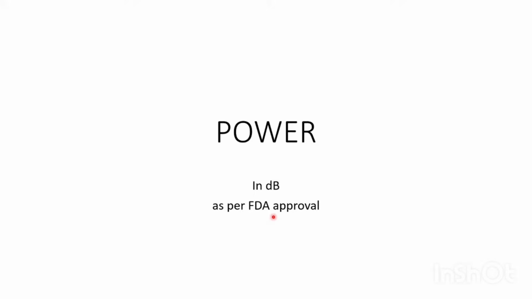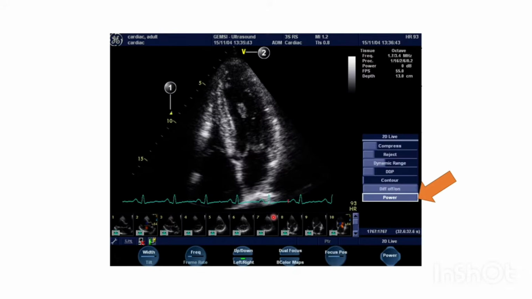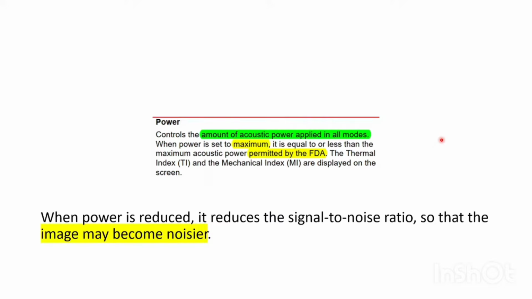So power is shown here like 0 here, and which we can adjust here. That is in the soft menu, we can go to this power and adjust the power, keep it at the maximum, no issue, provided the mechanical index and thermal index are within the limits. So the power will control the amount of acoustic power applied in all the modes.